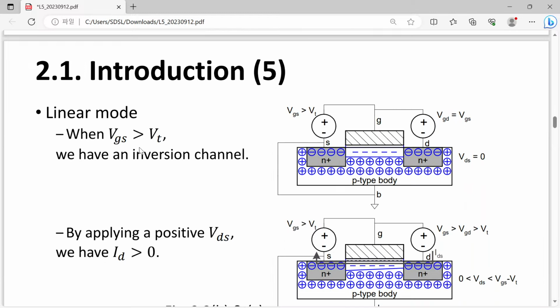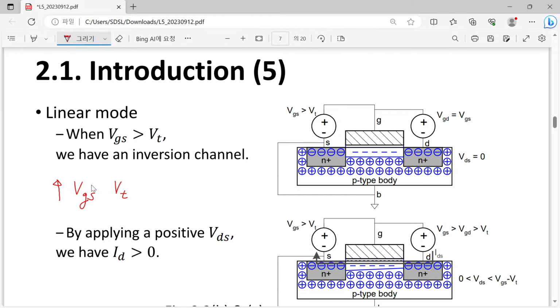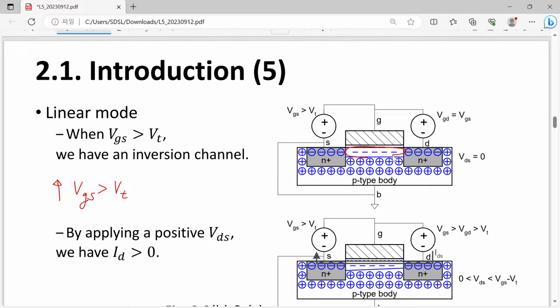Previously we thought that threshold voltage is higher than gate to source voltage. Now slightly increase the gate to source voltage, and now it becomes eventually higher than threshold voltage. Then our MOS capacitor will provide us a certain amount of negative charges here.